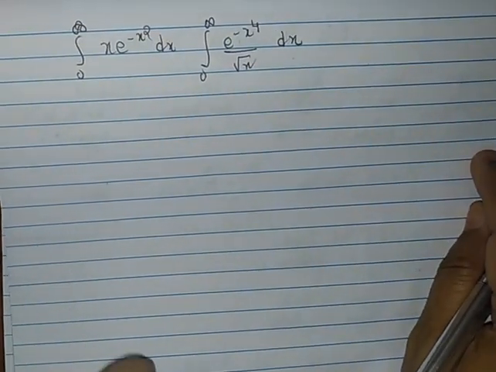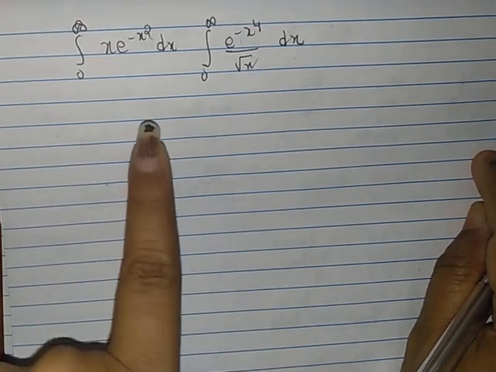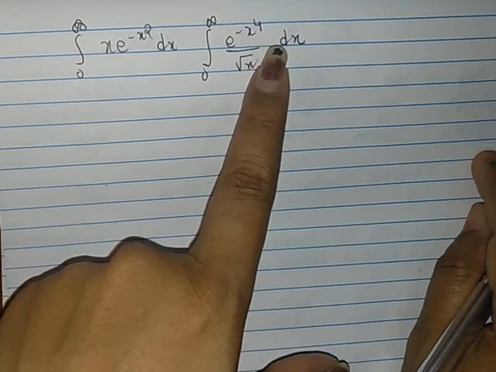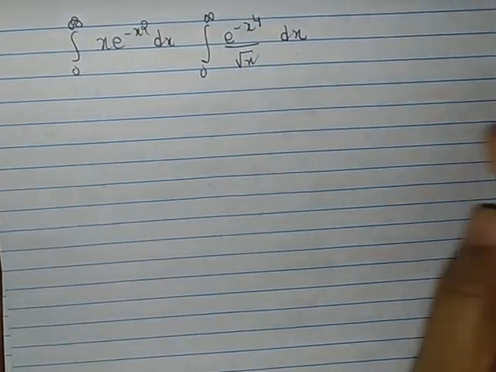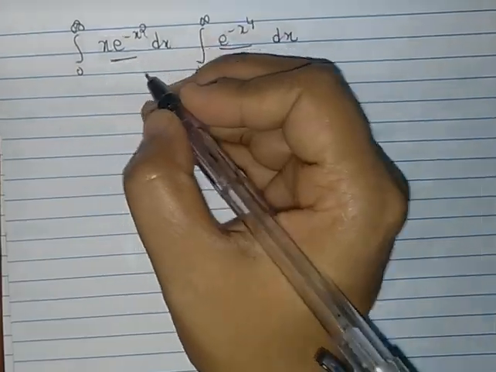Now, if I want to evaluate this, I have two single integrals: 0 to infinity x e raised to minus x square, and 0 to infinity e raised to minus x raised to 4 upon under root x. I am only interested in the exponential terms which I have.